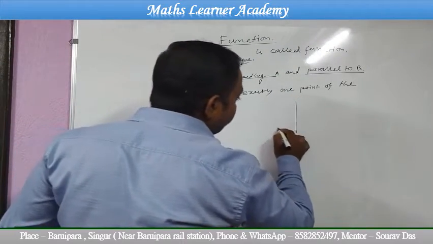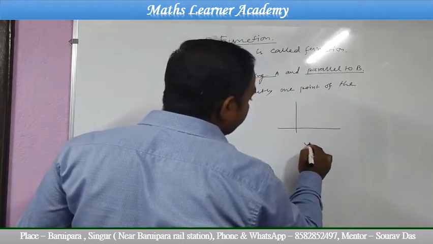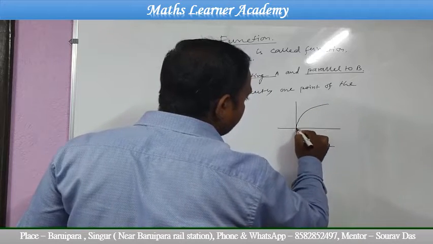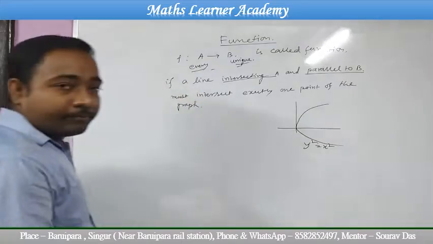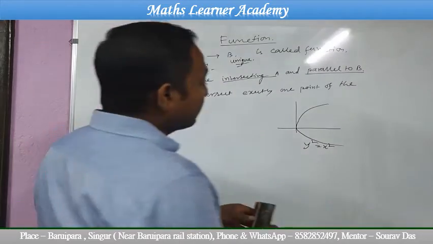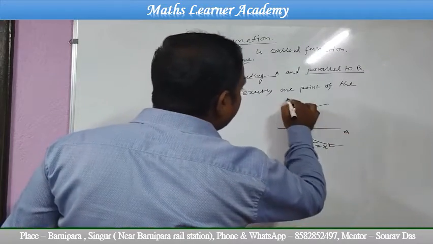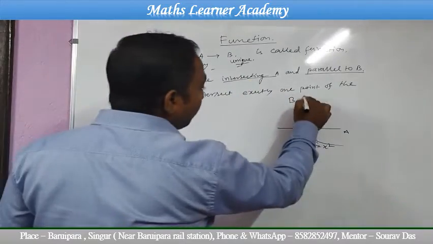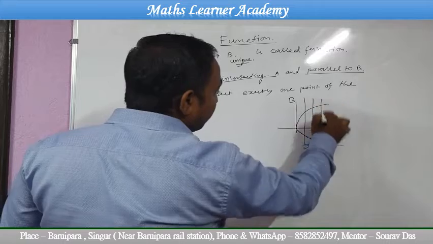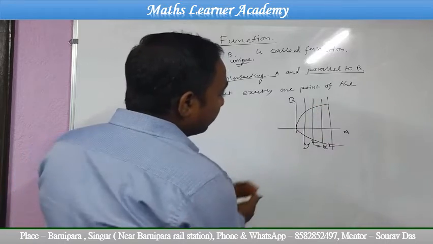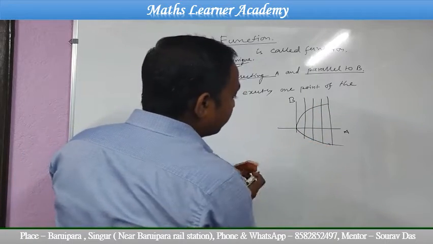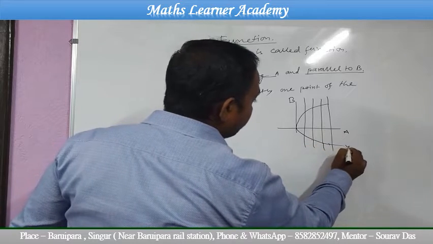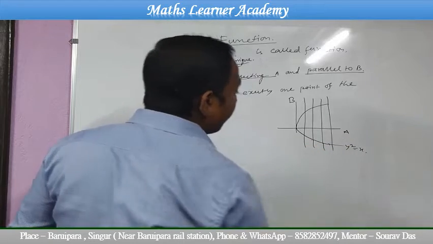Now look at this, y equals x square. Y equals x square means this is like a parabola, right? Whose axis is the y-axis, or here I am taking A and this is B. Now the line passing through A parallel to B, right? Okay, so passing through A parallel to B, this curve is y square equals x.